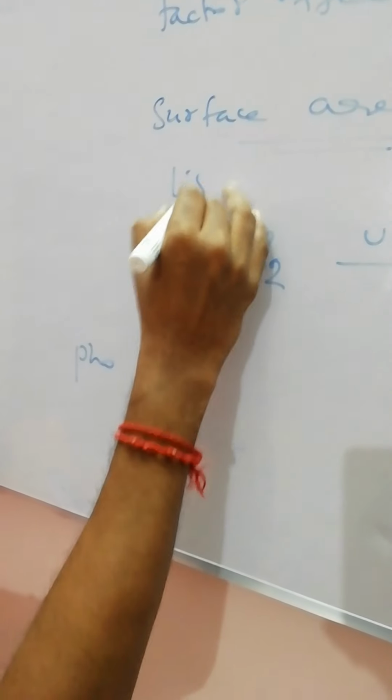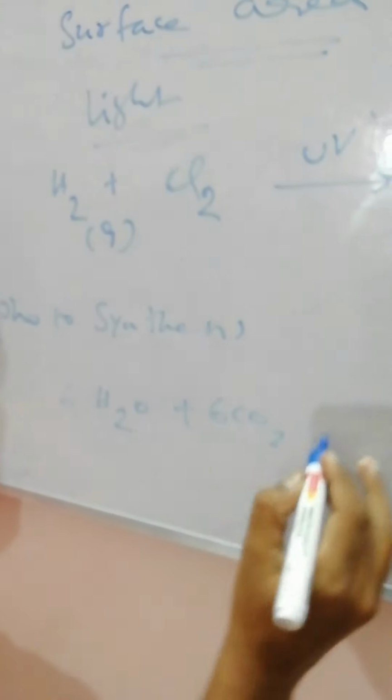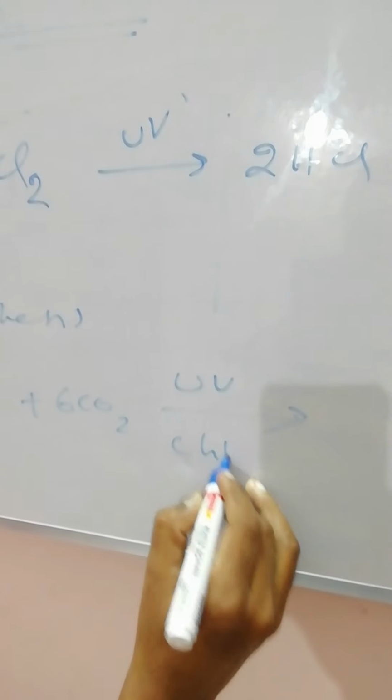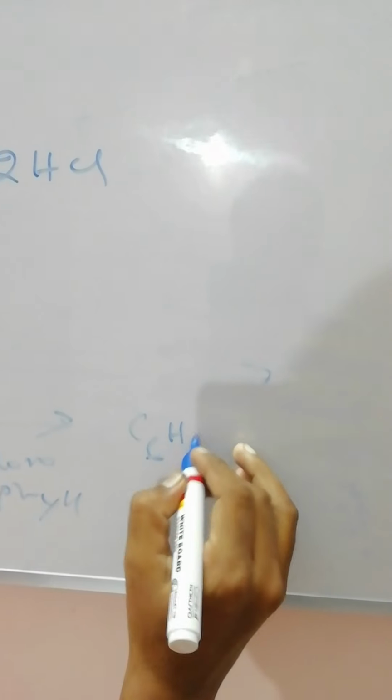Next one is light. Light also plays a major role in chemical reactions. Example, the formation of hydrochloric acid, 2HCl, only in the presence of sunlight. Without sunlight, no. Another example is photosynthesis: 6H2O plus 6CO2 in the presence of sunlight and chlorophyll gives C6H12O6 plus 6O2, glucose formation.